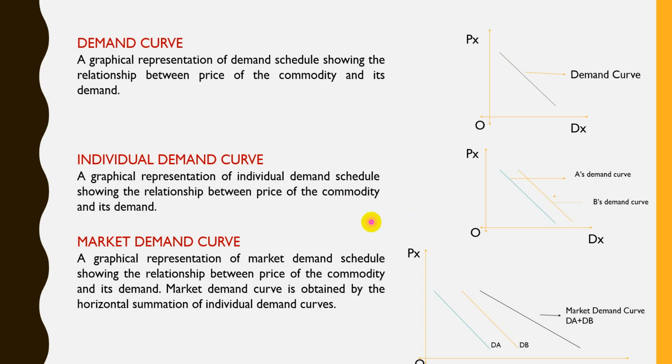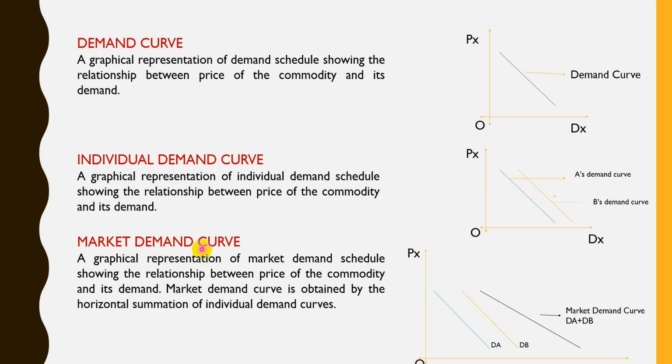In our schedule, we had two individual demand schedules, A's and B's. When we plot these individual demand schedules, we'll get A's demand curve and B's demand curve.